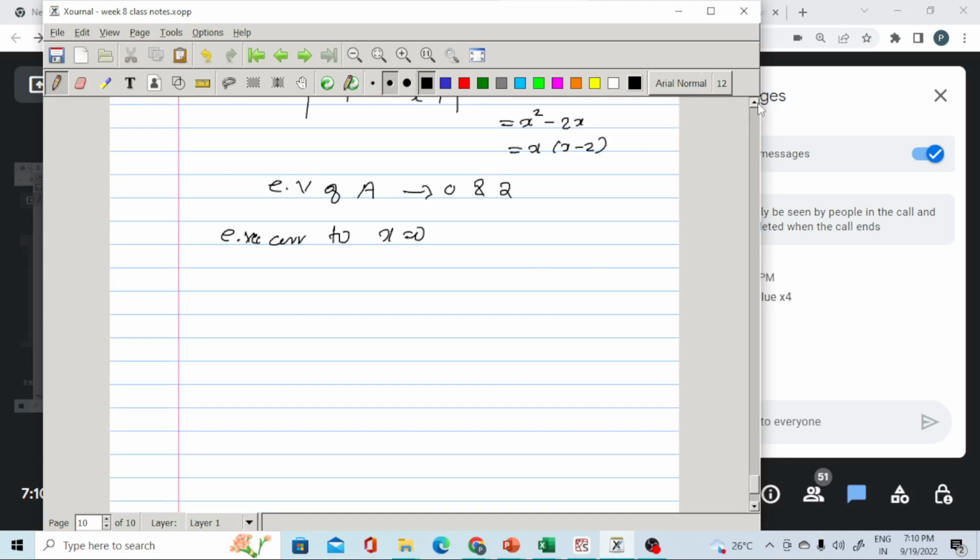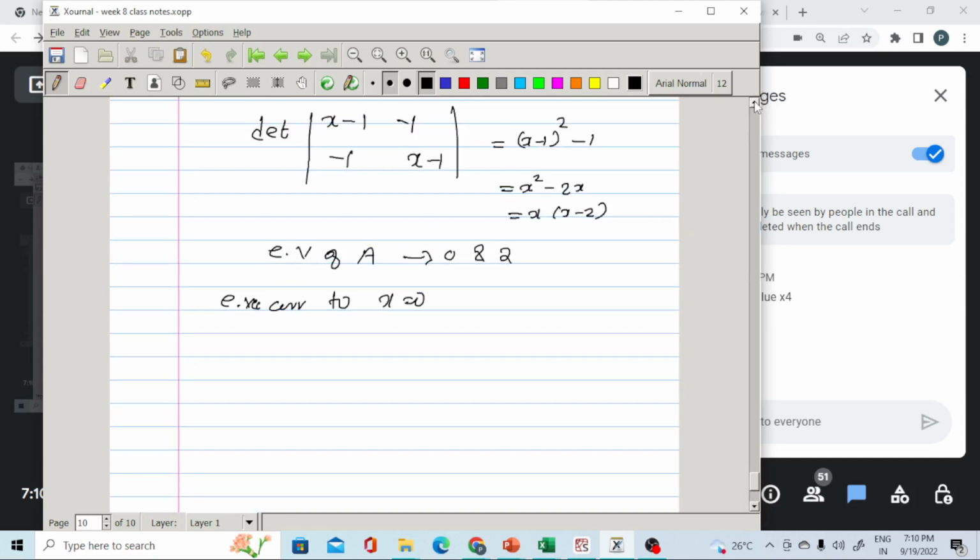So let me find the eigenvector corresponding to eigenvalue 0. That means the determinant of A minus xI, only 1, 1, 1, 1 will come. This is our A. We want to solve AX equal to 0 times x1, x2.